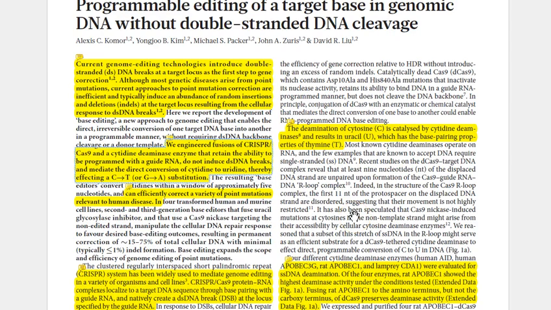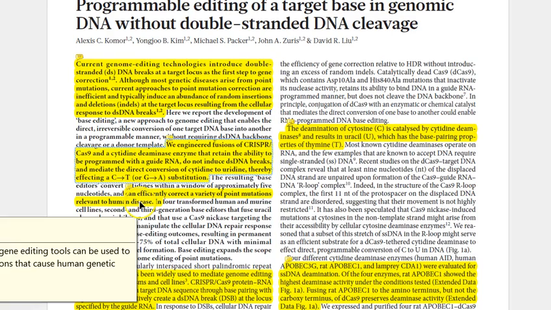So some other things with this. This is very efficient, and they're also saying that this could be a good technology to use to correct a variety of point mutations. A point mutation is one change in one nucleotide in DNA, and that could be relevant to lots of different human diseases.